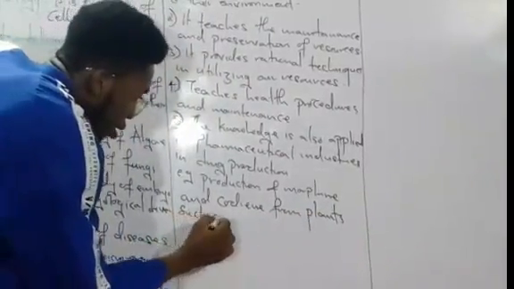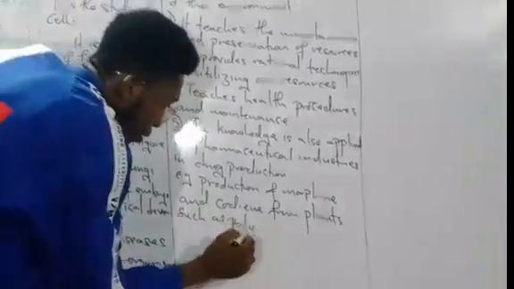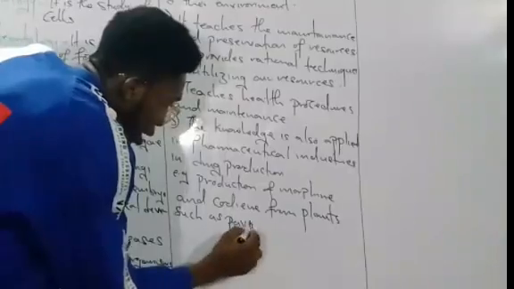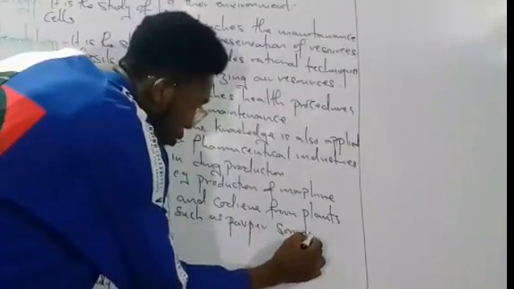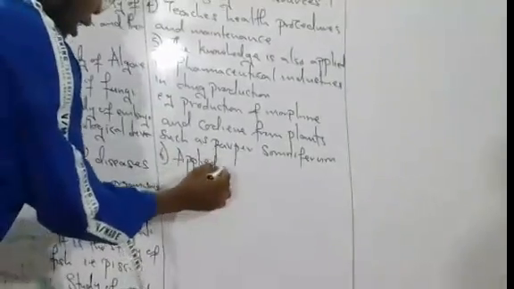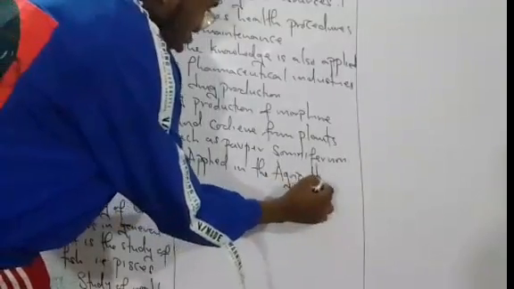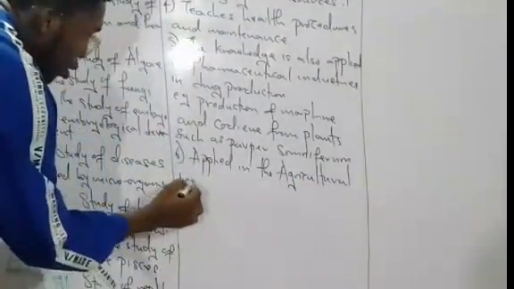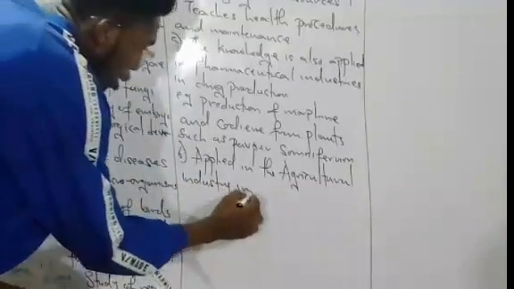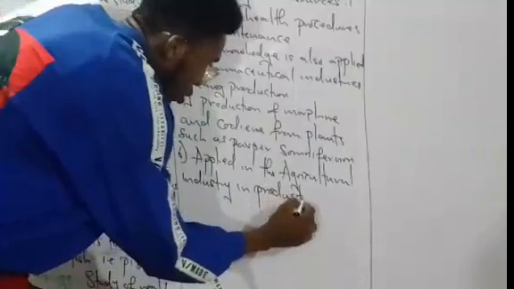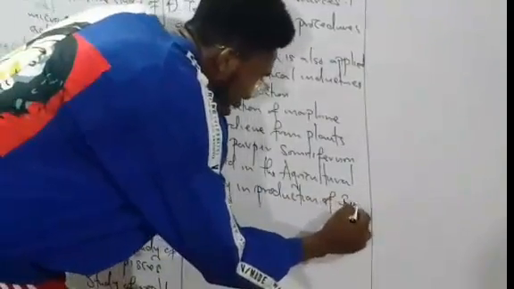from plants such as Papaver somniferum. So these are major importance of biology. It's also applied in the agricultural industry, in production of fertilizers.